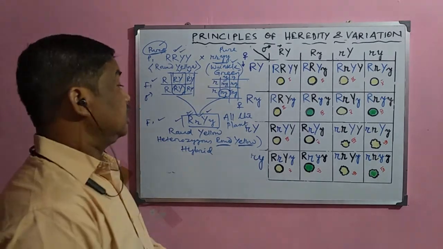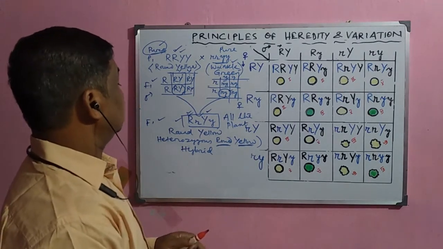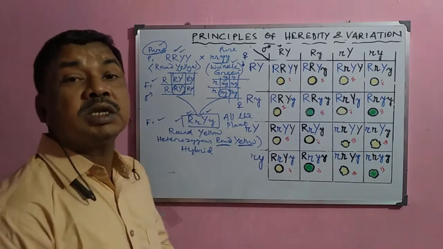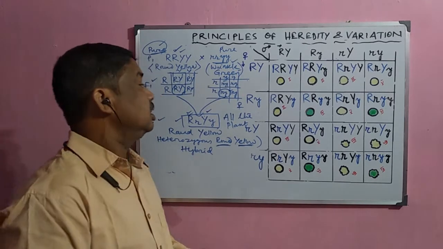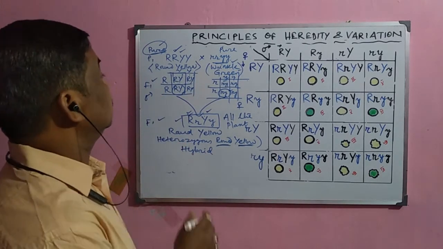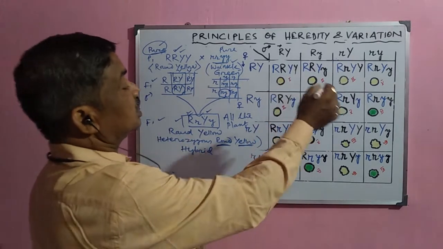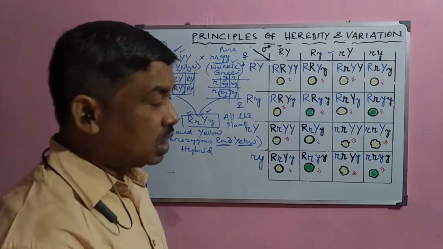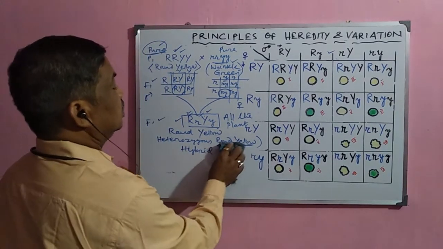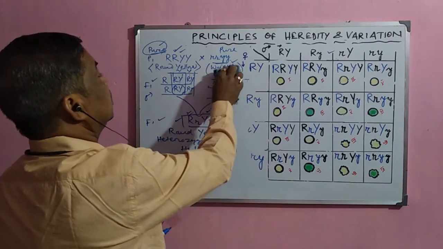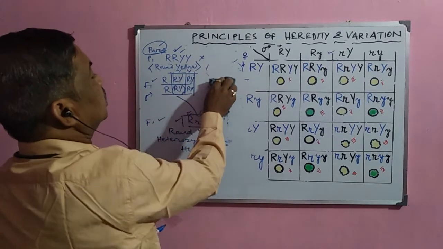After that, he observed this pattern for the F1 generation, and when these F1 plants were crossed with each other, that is called self-cross, then in the F2 generation this type of result he observed. Now, look at the different gametes formed during gamete formation for the F2 generation.